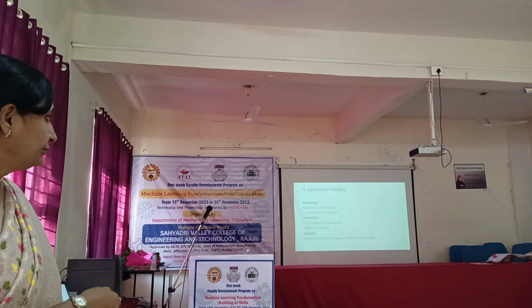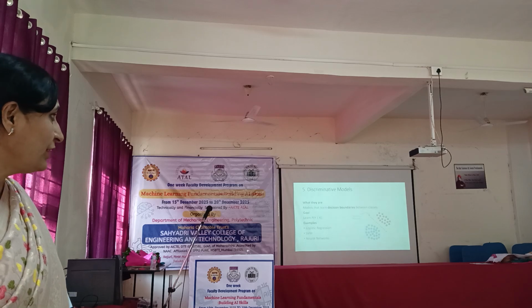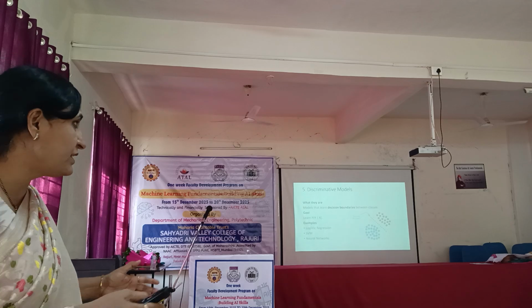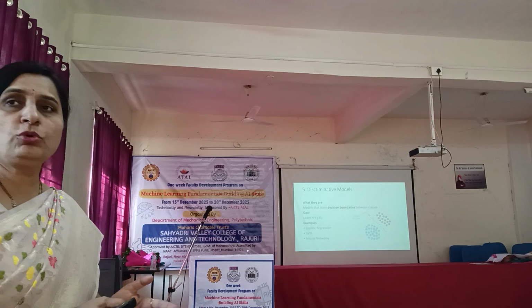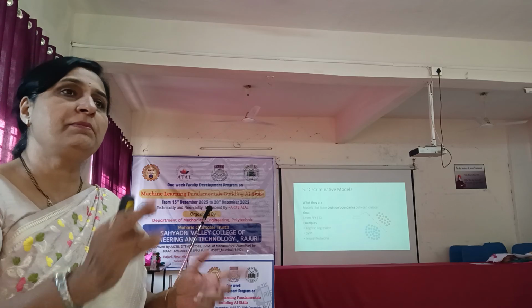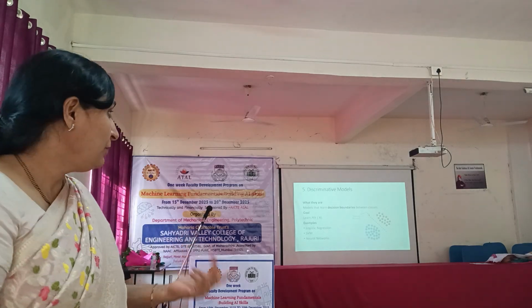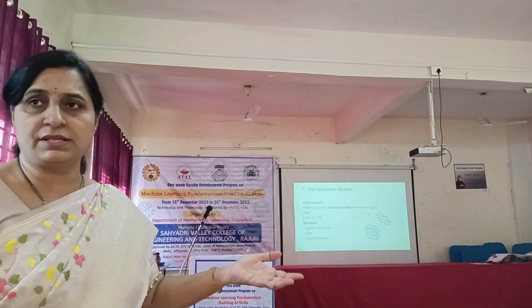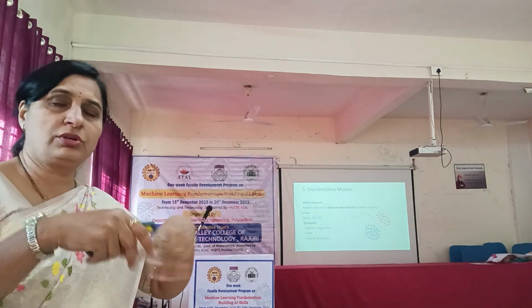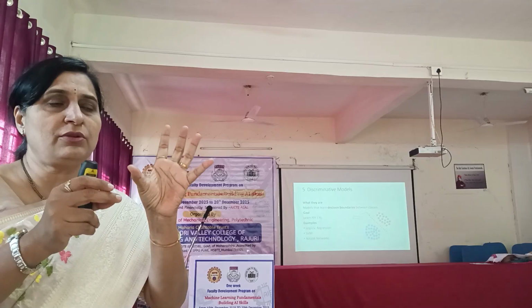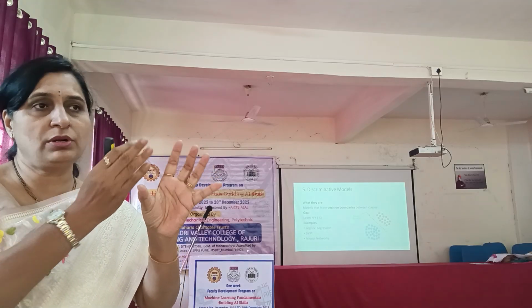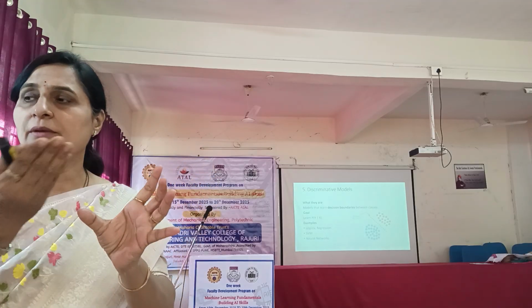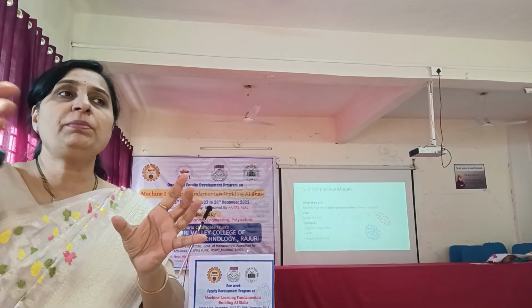After that, discriminative models that learn decision boundaries between the classes. If two classes are there, for example, pass and fail, with the help of a discriminative model, it will form a plane or line between the two classes. Whatever the inputs, like students having good marks and all, they will come into the pass category. If there are backlogs and all that, they will come into the fail category.